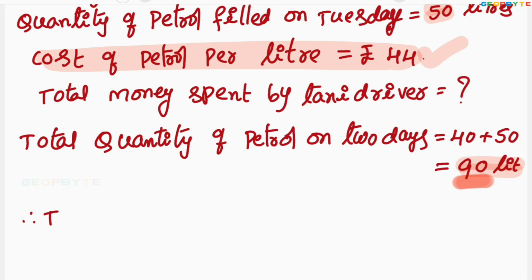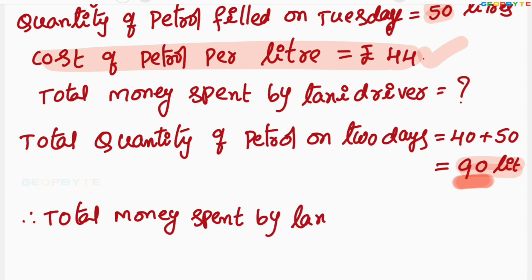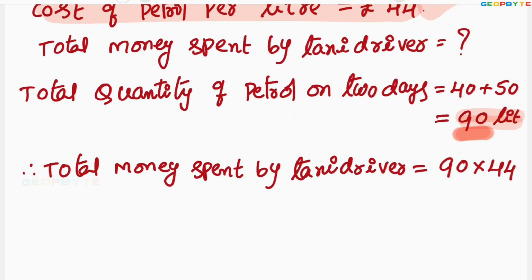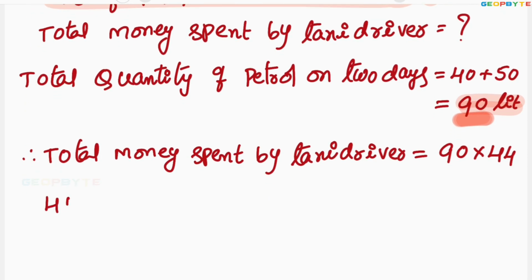Therefore, total money spent by taxi driver is equal to number of liters 90 multiplied by the liter cost 44. So 44 multiplied by 9. 9 multiplied by 4, 36. 6, 3 balance.